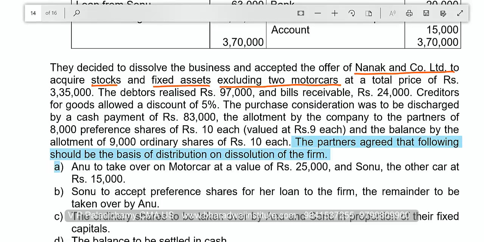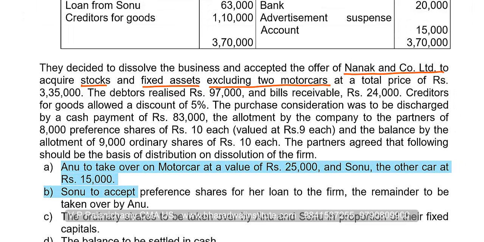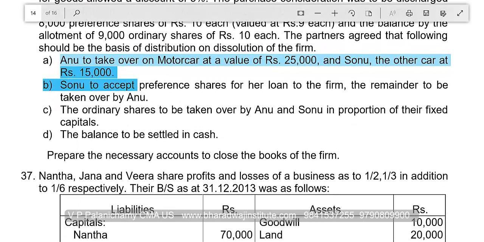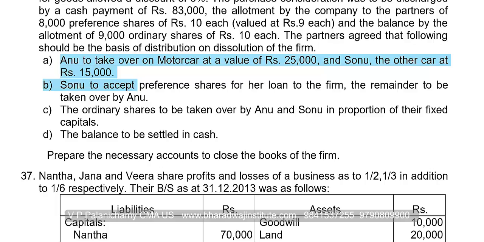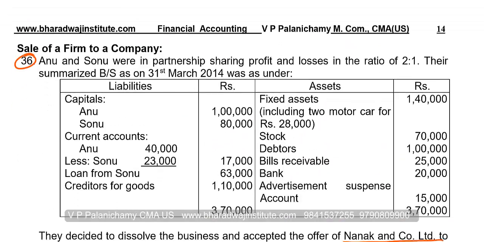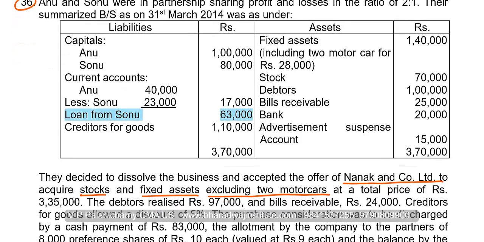And the partners agreed the following. Anu will take over a motor car for 25,000 and Sonu will take over the other car for 15,000. Sonu will take over preference shares for the loan given by her. Look at the liability side: the loan from Sonu is 63,000.